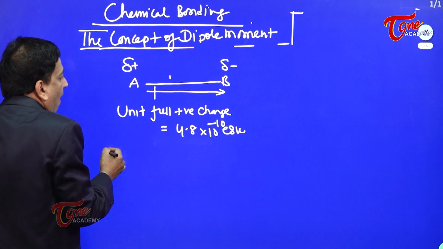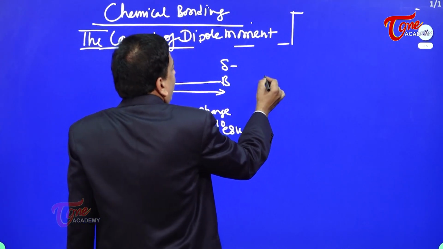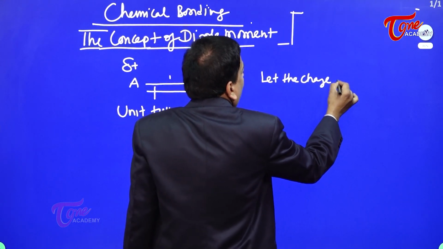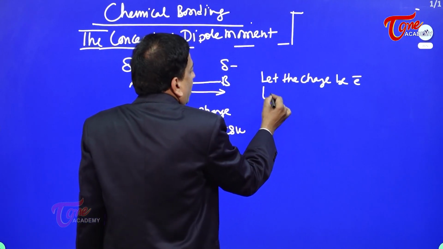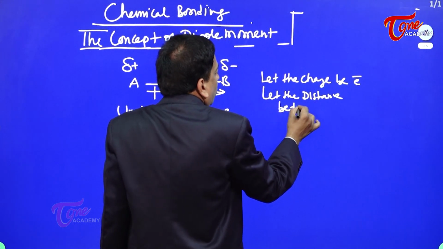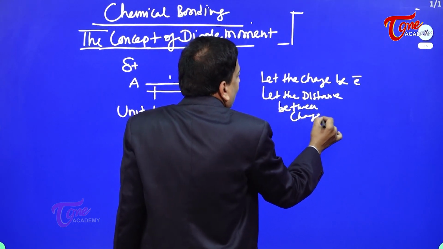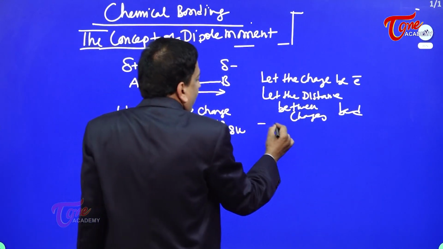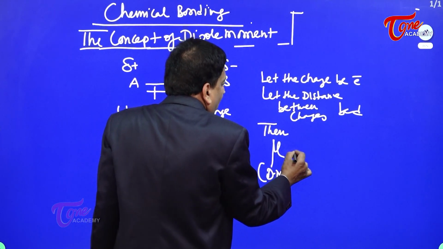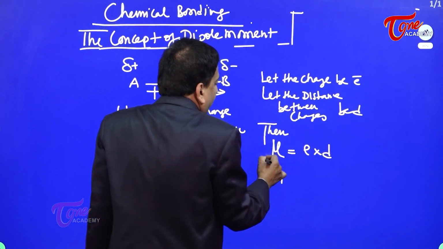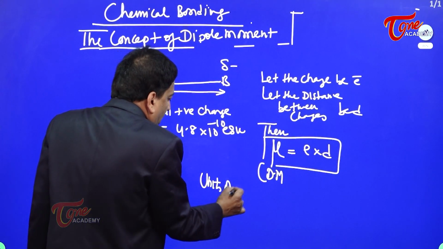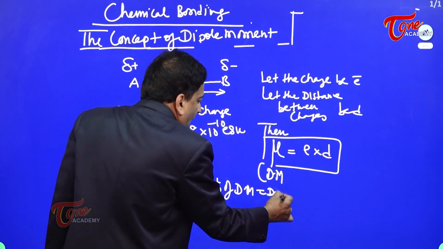So what I've done is basically let the charge be E, and let the distance between charges be D, then mu, which is nothing but the dipole moment, is given by E into D, and the units of dipole moment are nothing but debyes.